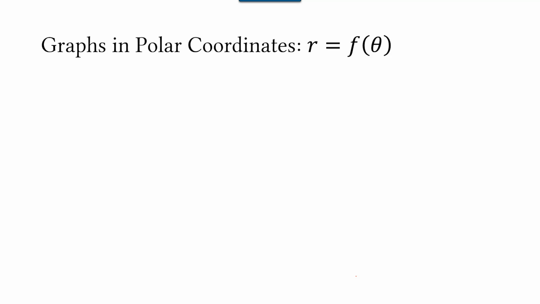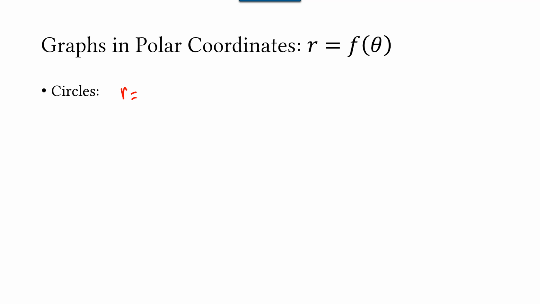Next, we take a look at some graphs in polar coordinates. Some common ones that are easy to write down in polar coordinates are circles, or at least some particular circles. Here's the easiest one to do.